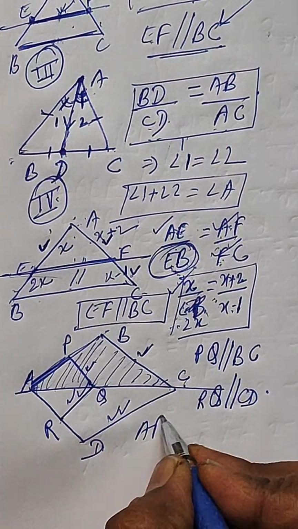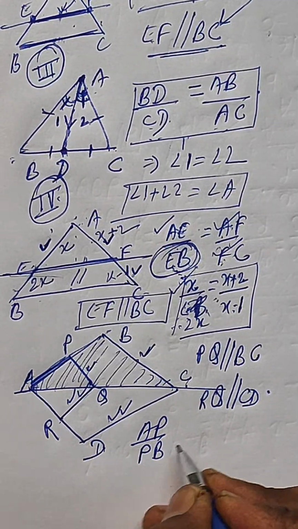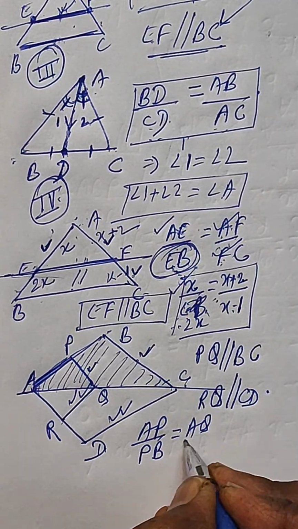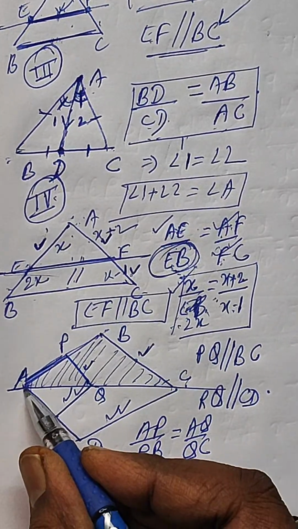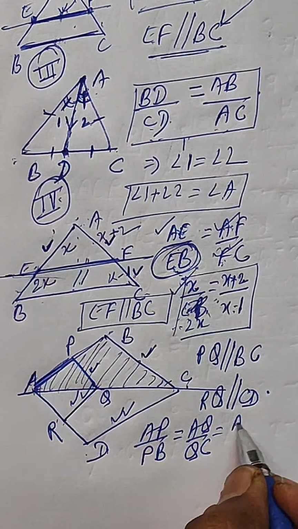We can write AP by PB is equal to AQ by QC, which is equal to AR by RD.